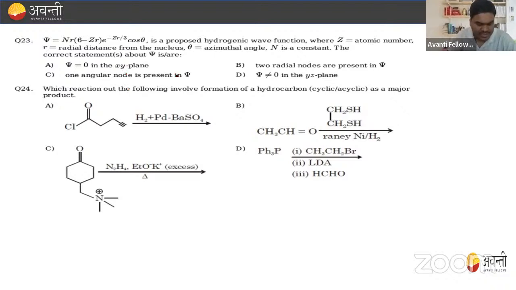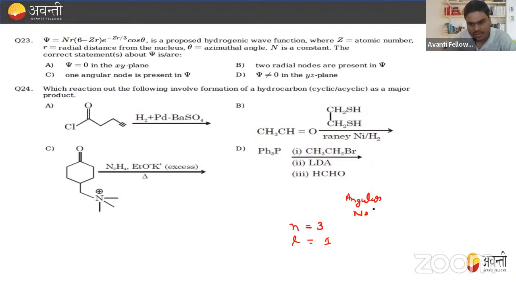From the given hydrogenic wave function, it is clear that n is nothing but 3. Right. From this, Z cos theta. So n is 3 and l is equal to 1. So this is what we will get from this equation. So l is equal to 1 and n is equal to 3. This is all we have. So we have an angular node. How many angular nodes do we have?